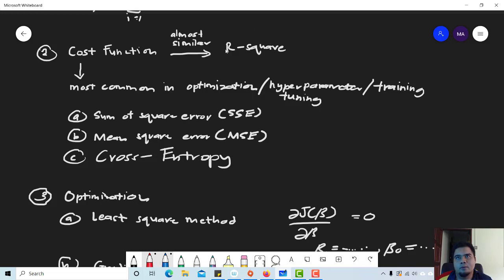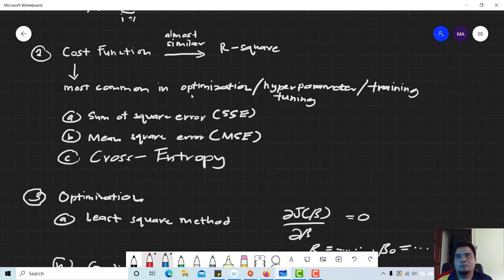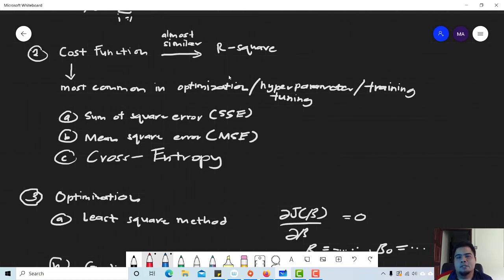Another parameter with similar behavior to R square is called a cost function. Cost function is one of the most common methods to compute the optimization, which is also known as hyperparameter tuning as well as training. These three terms are similar things, depending on which source you refer to.